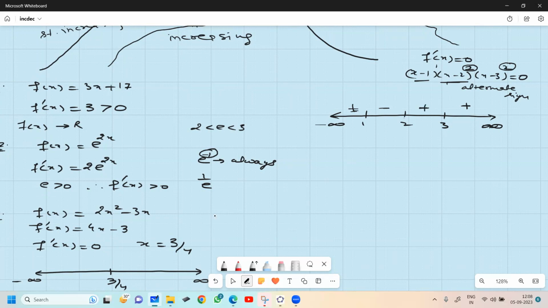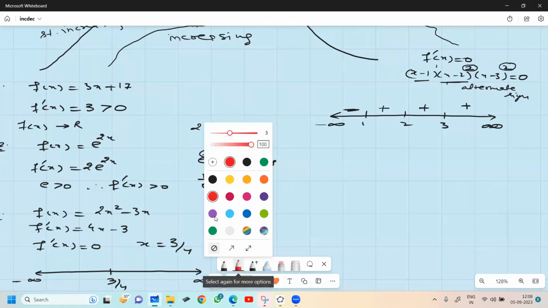If this is plus and x minus 2 is also, this will also be plus. And this side now will become minus. Why? Because x minus 1 is odd power. So from 1 to infinity, this is negative sign. Okay?